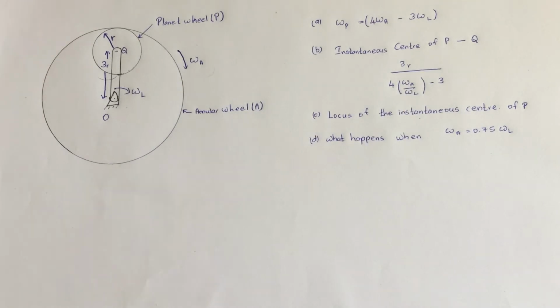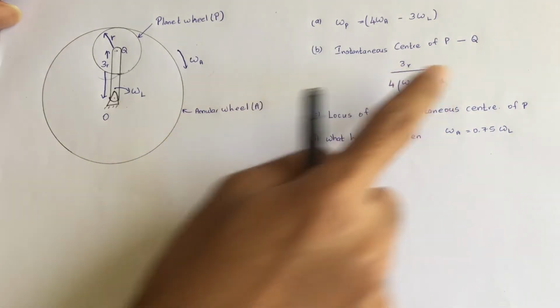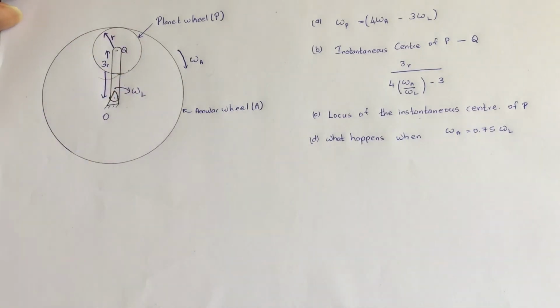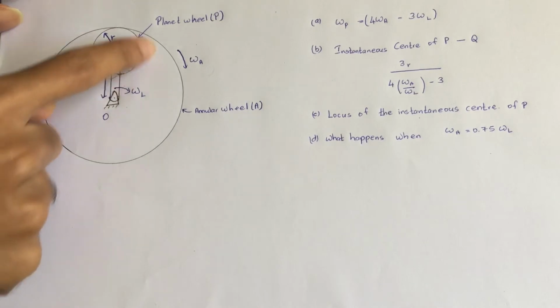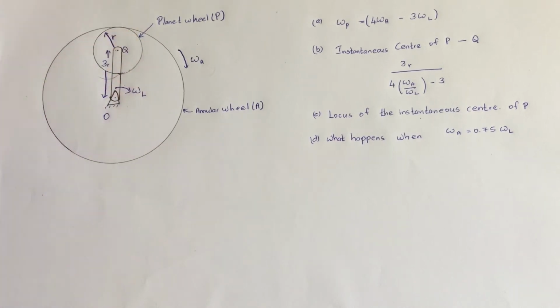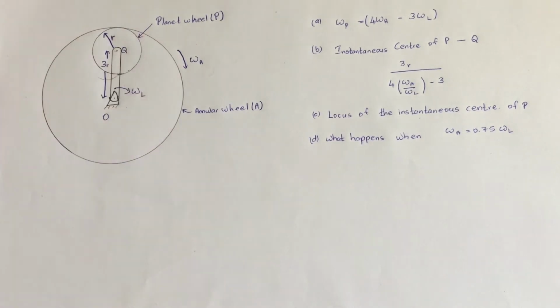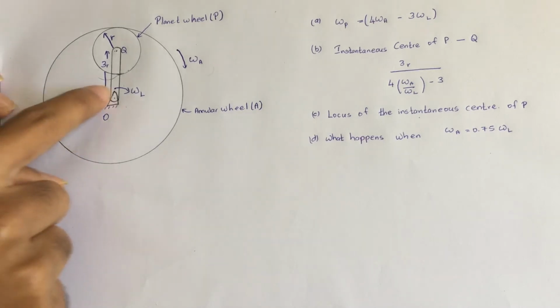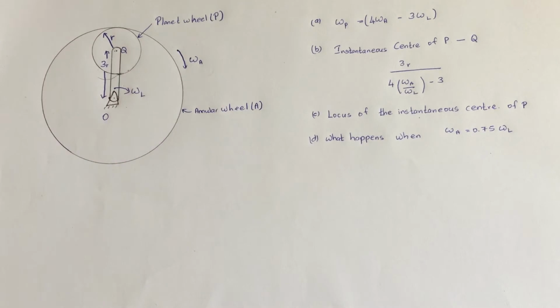The second part is we need to find the instantaneous center of P's rotation along Q. In this planet wheel, as I have already mentioned, it's going to have an angular velocity, but we are not given that angular velocity directly; it arises because of omega L as well as omega A. So first of all, we need to find this omega P, and using that we need to find the velocity on it.